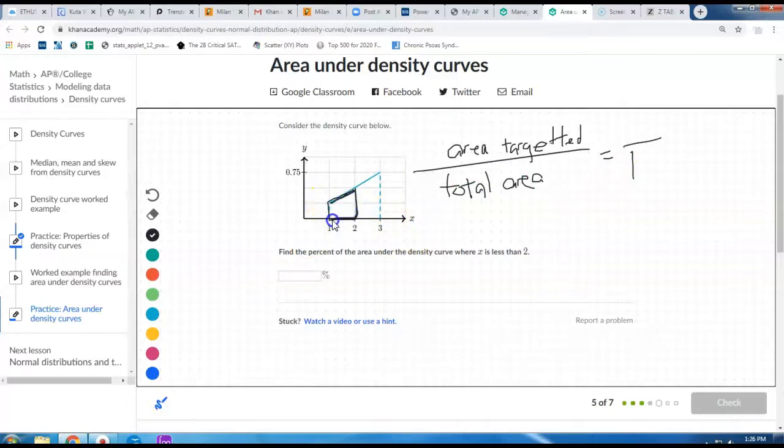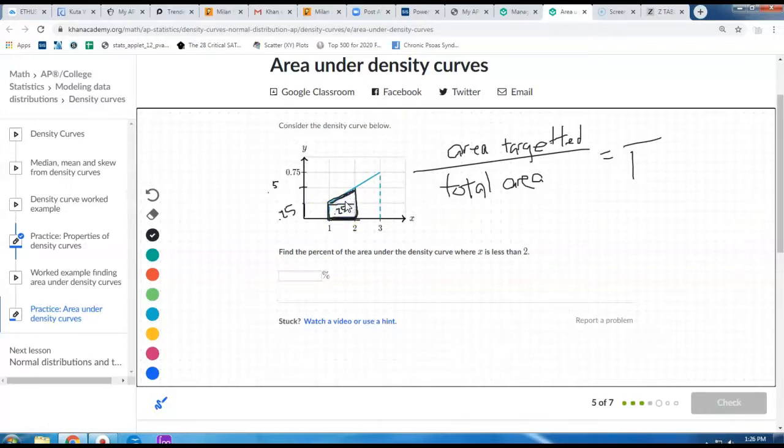I've got a rectangle here with a base of 1 and a height of 0.25. This would be 0.5. So this is a rectangle with a base of 1 and a height of 0.25, so that area there is 0.25.